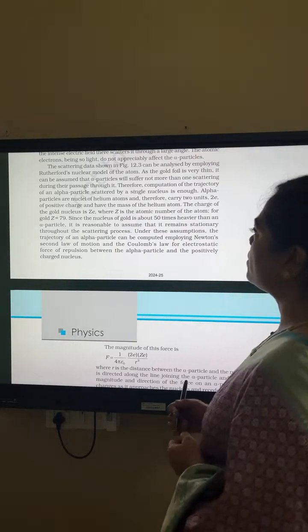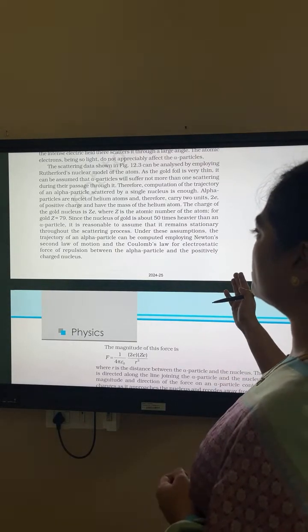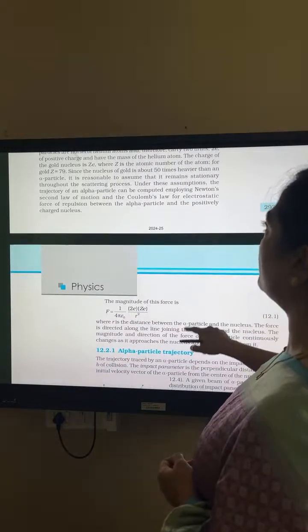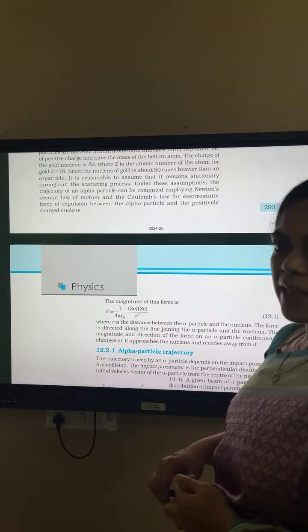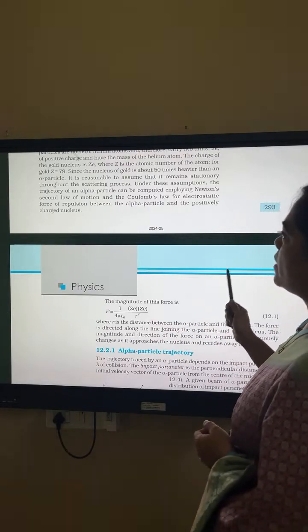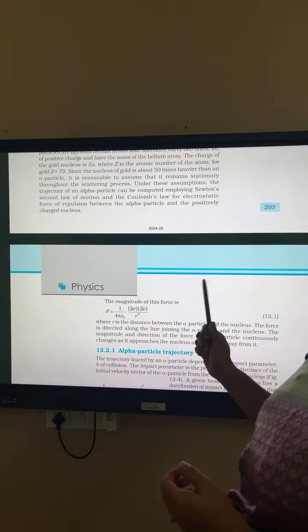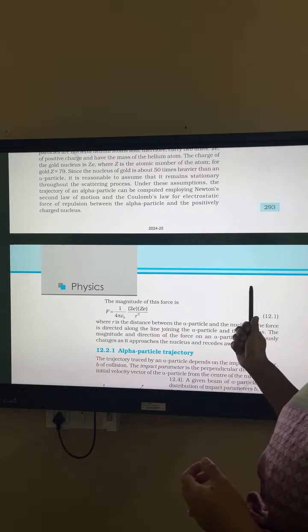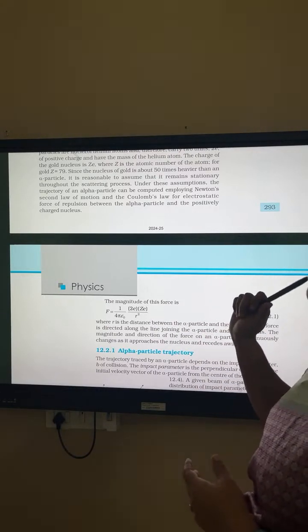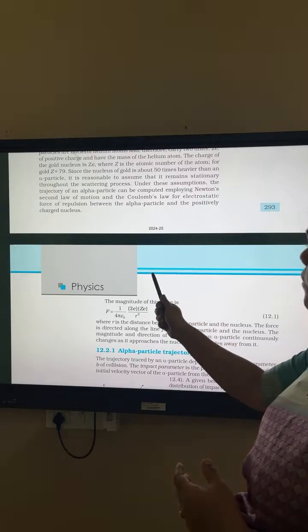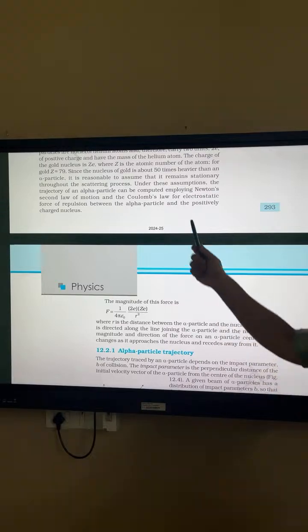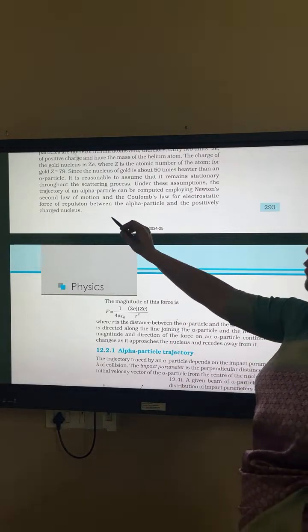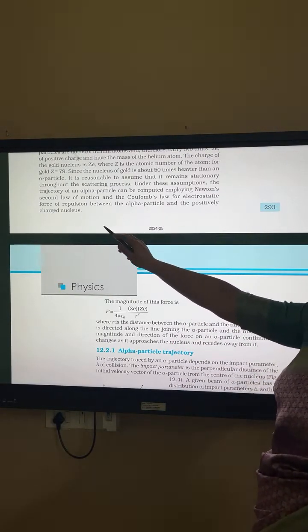So under these assumptions, the trajectory of an alpha particle can be computed employing Newton's second law of motion. Why can the trajectory of an alpha particle be computed employing Newton's second law of motion and Coulomb's law, also for the electrostatic force of repulsion between the alpha particle and the positively charged nucleus?